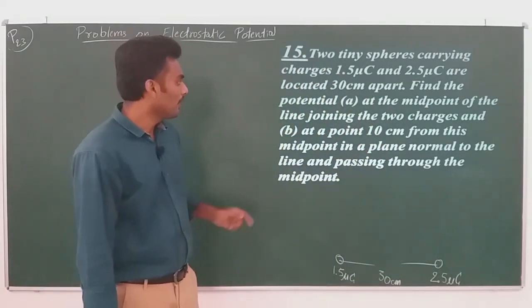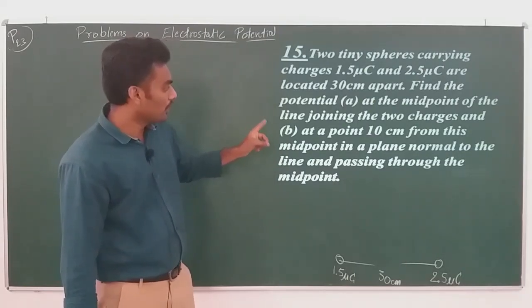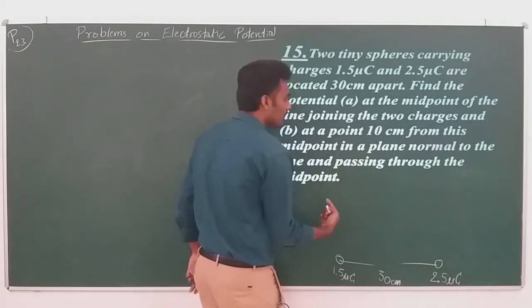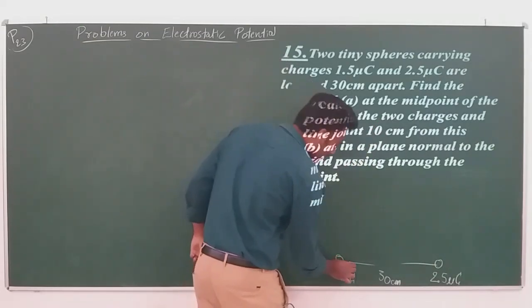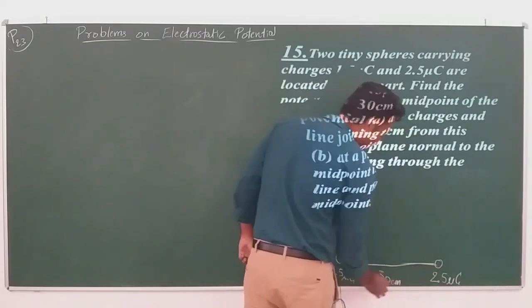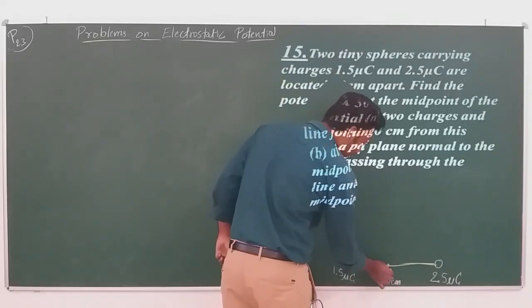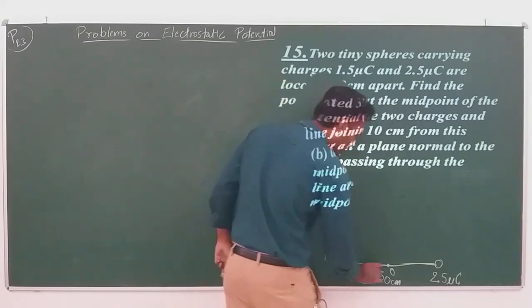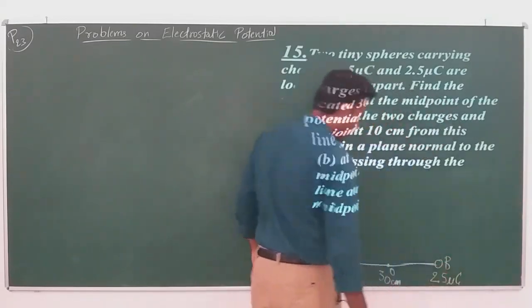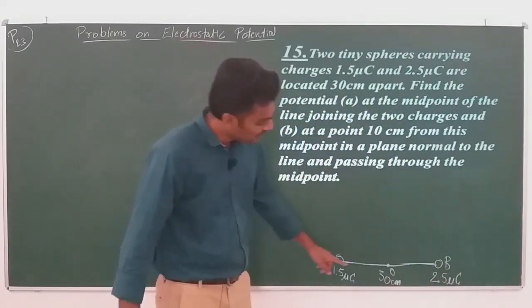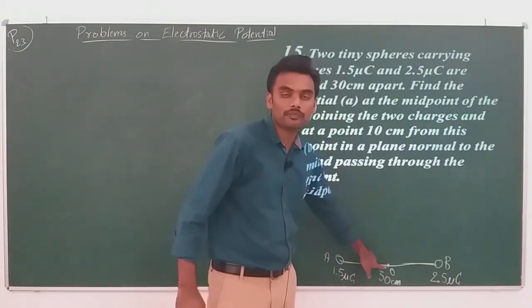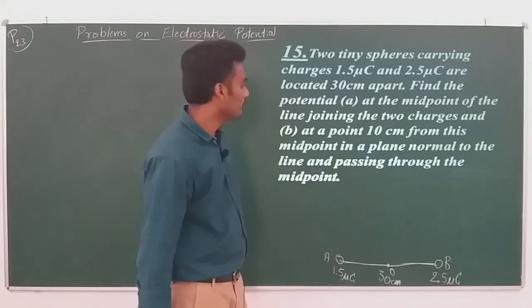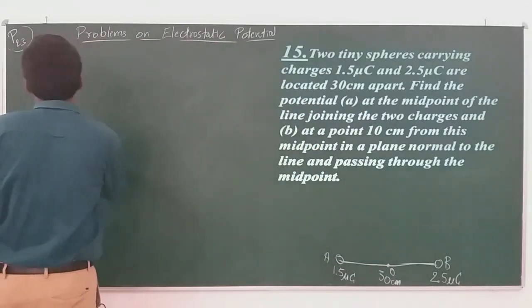Okay, and now we need to find the potential first at the midpoint of the line joining the two charges. So, this is the line joining the two charges, and at the midpoint, let me name this point O, and let me call this point A and this point B. And now we need to find the potential at this point O. That is the first part of the question, part A, 15A.